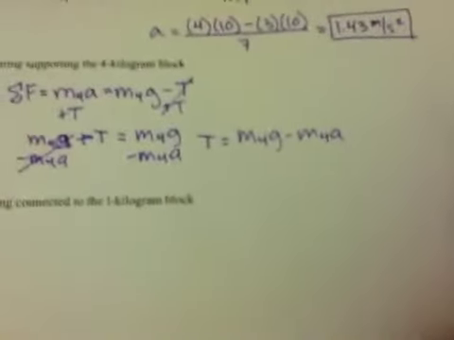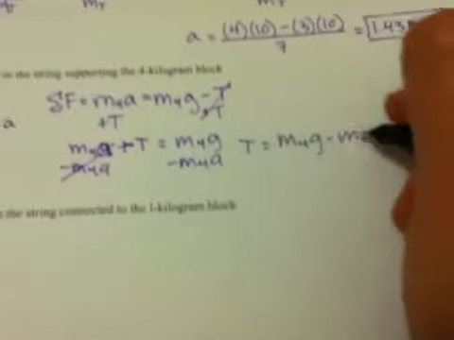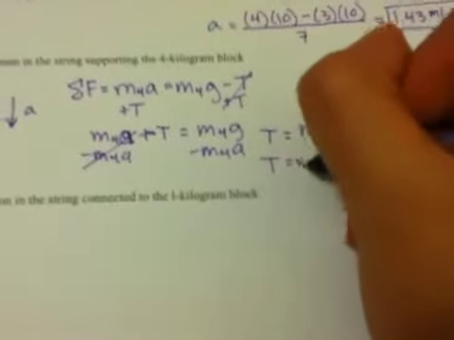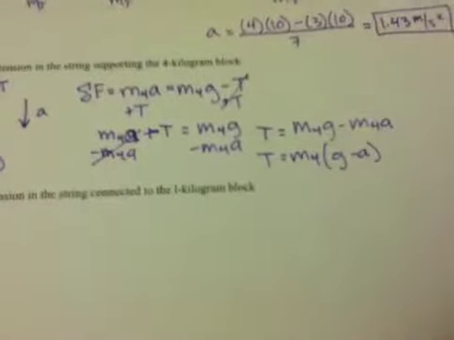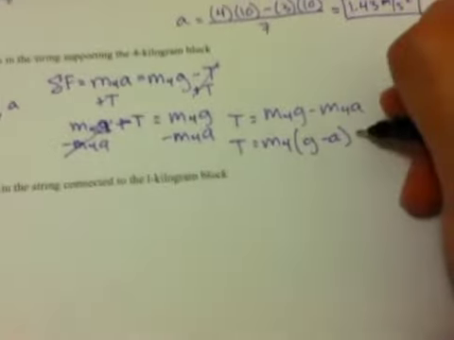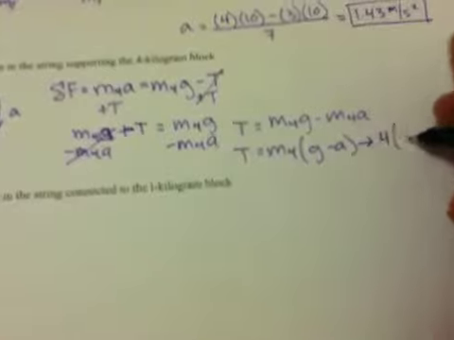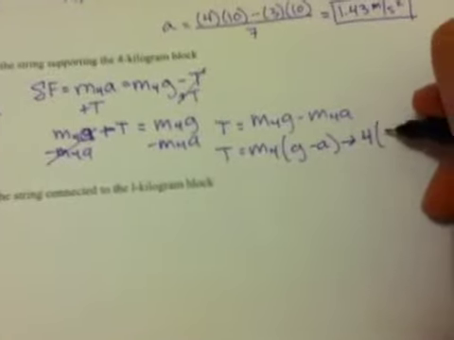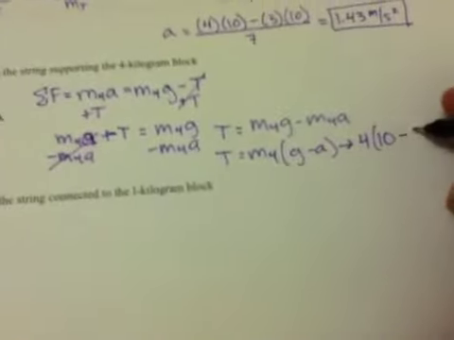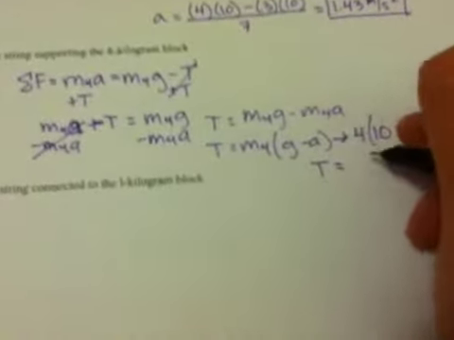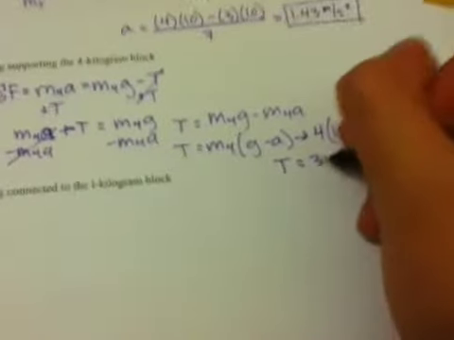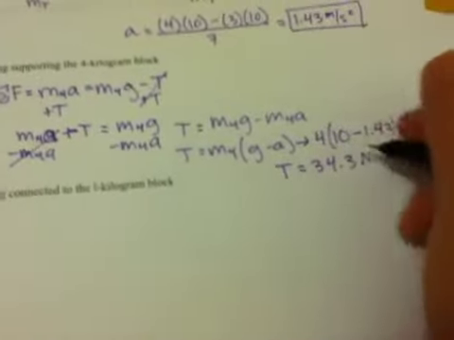We could add another step in here: we could take this m4 out, so T equals m4 times g minus a. So we say 4 times 10 minus 1.43, because we still use this 1.43 from up here. And we should end up with the tension of that string equaling 34.3 newtons.